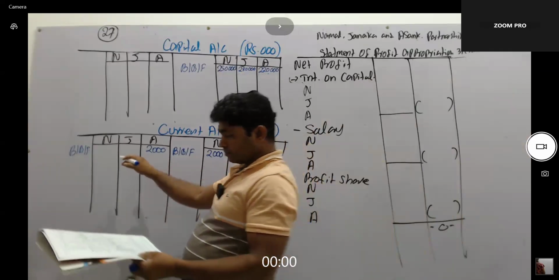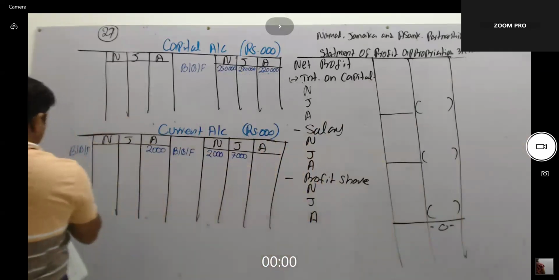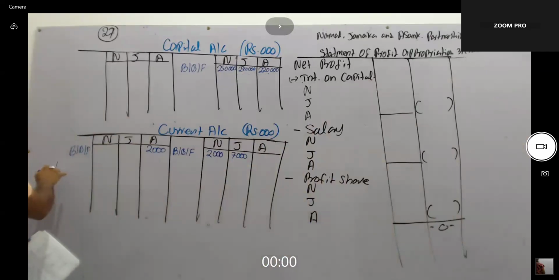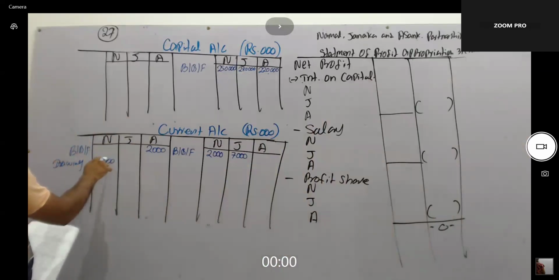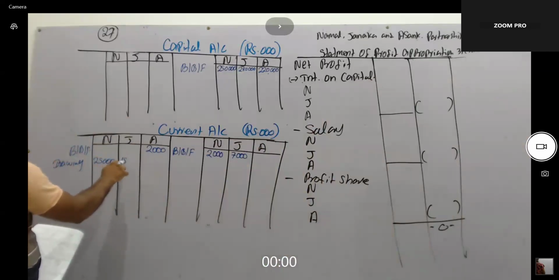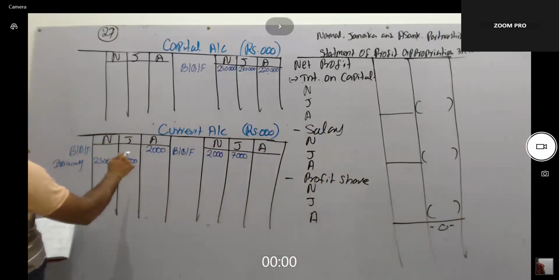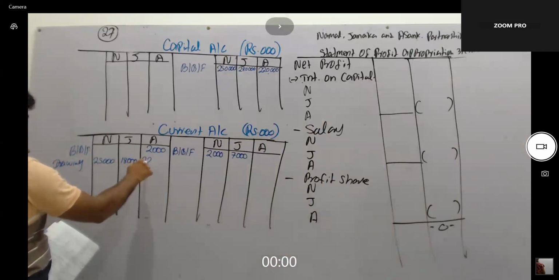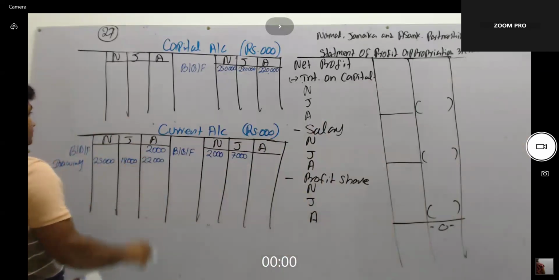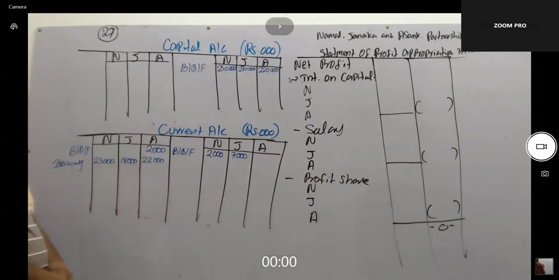Drawings should be recorded on the debit side as drawings: 25,000, 18,000, 22,000. Think, drawings should be recorded in the partners' current accounts. The opening balance is on the credit side as BBF, and there may be a debit balance also.